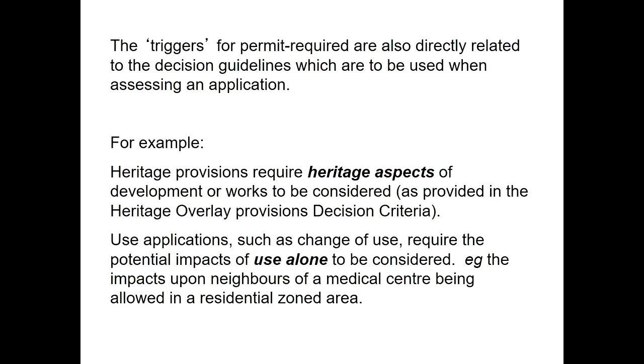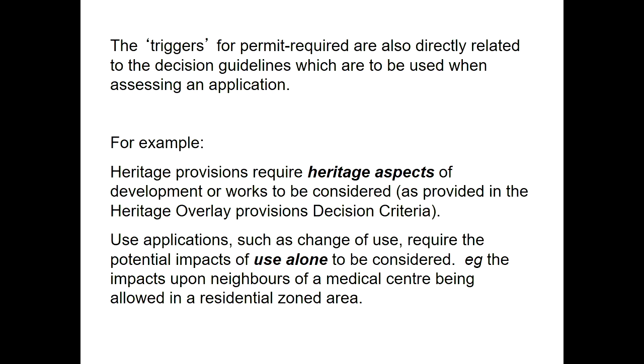Should it get a permit or not? And the primary reasons for whether or not something gets a permit go back to the decision criteria for the thing that triggered the need for the permit. It's kind of fundamental to this whole statutory process.